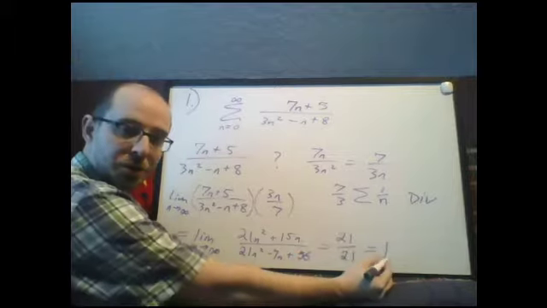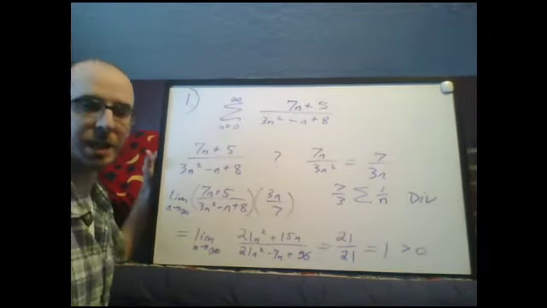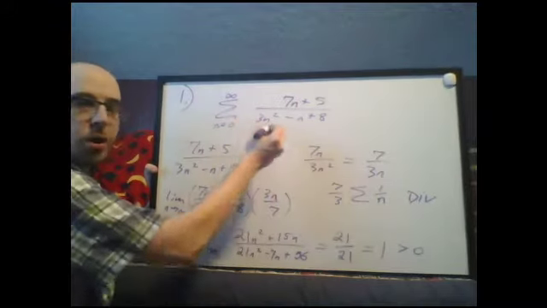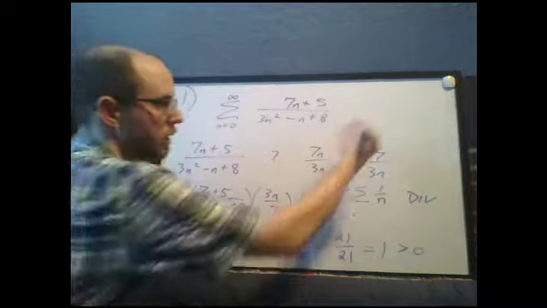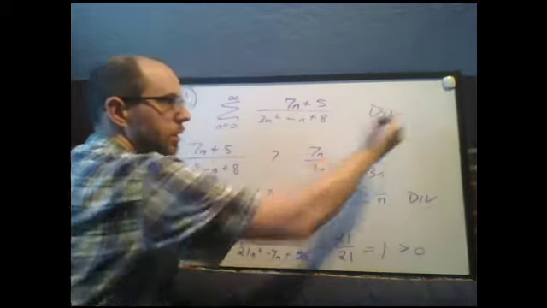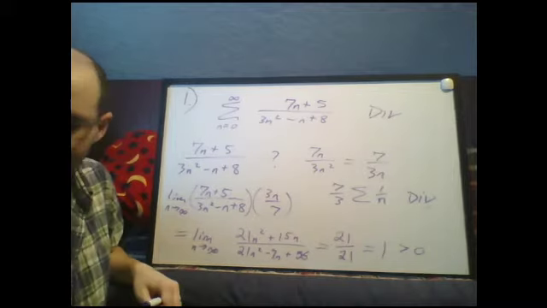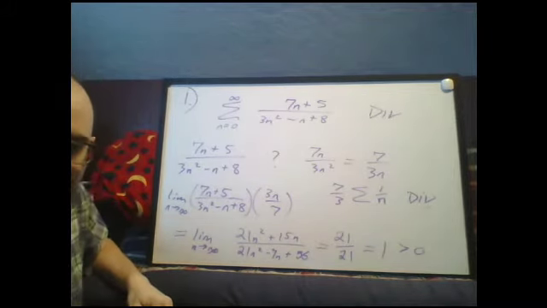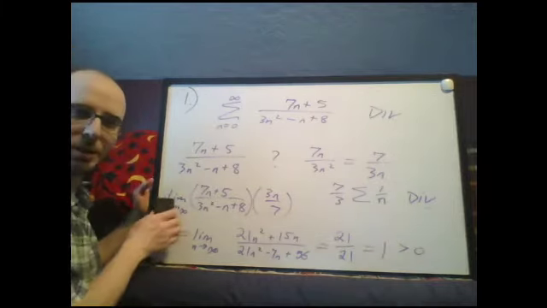Our answer to the limit is not 0, it's greater than 0. So that tells us it's a successful limit comparison, so our unknown series matches the behavior of our known series. So this is divergent. All right, so apologize again for messing up on the problem and not catching it before I posted it.